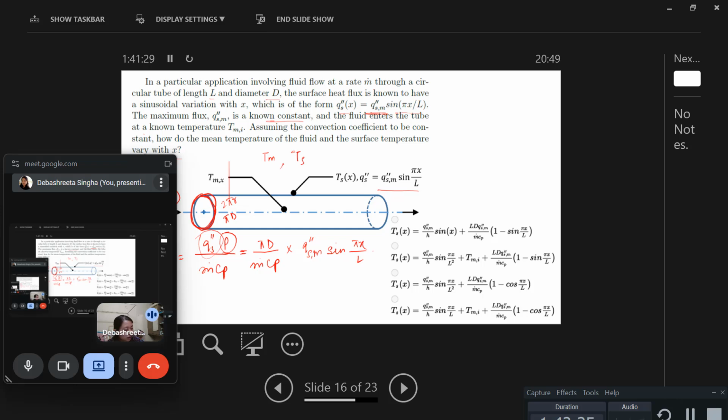Now to find out how Tm varies with x, we have to find the profile. For finding the profile, just integrate it. Delta Tm, this whole thing is constant already.